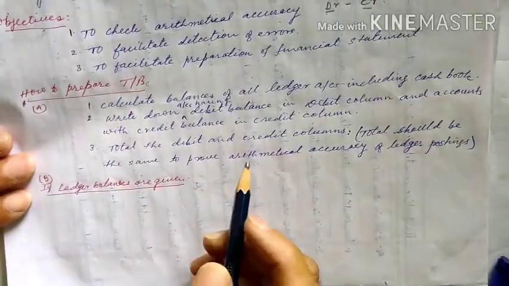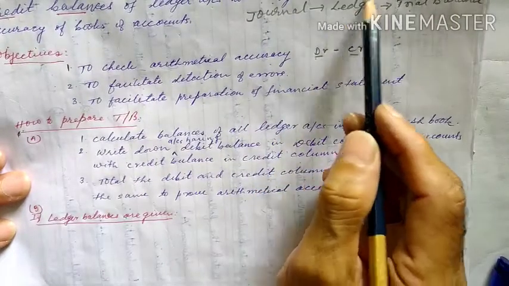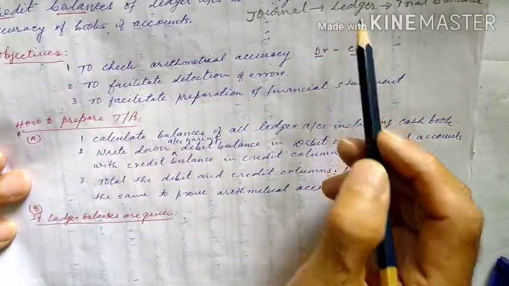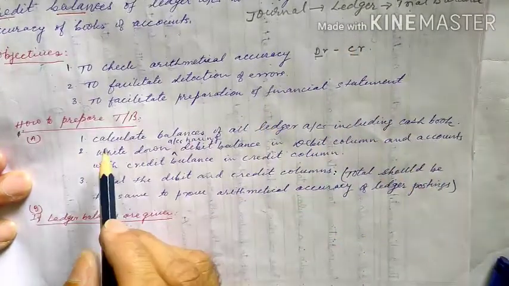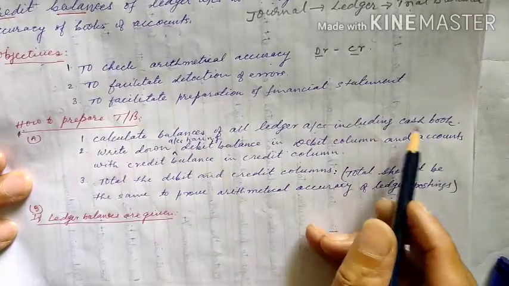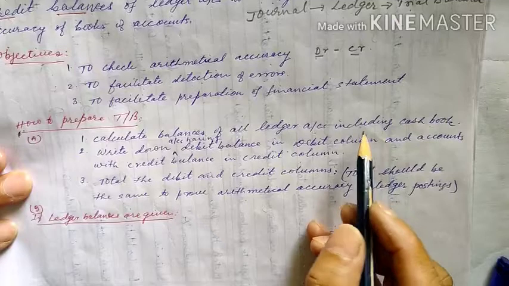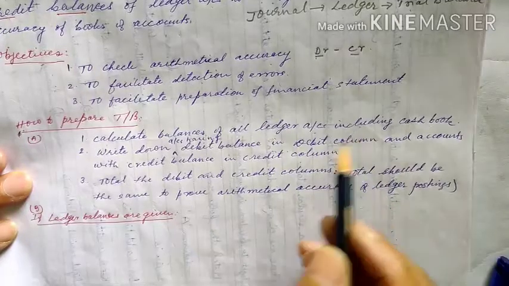Now here, how to prepare a trial balance. From the journal you go to the ledger. After having prepared the ledger, what you have to do is calculate the balances of all ledger accounts including the cash book. That means find out the balance c/d, find out the debit balance and credit balance.